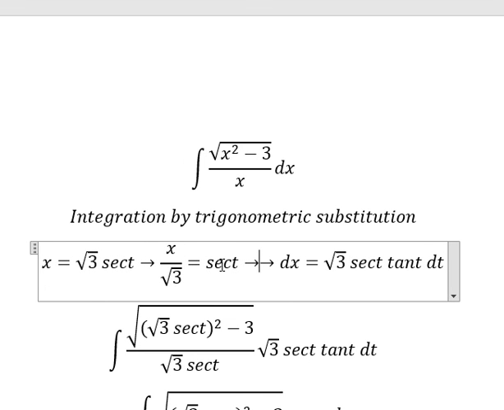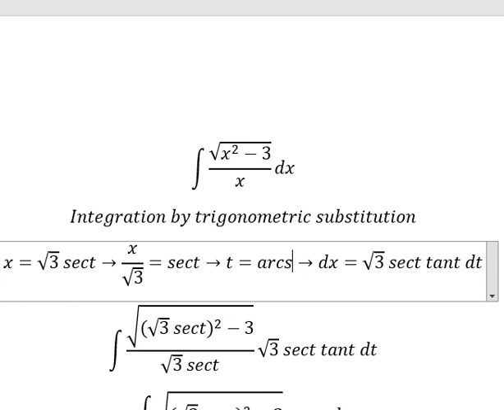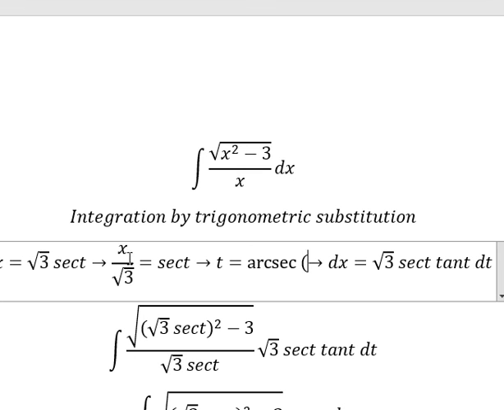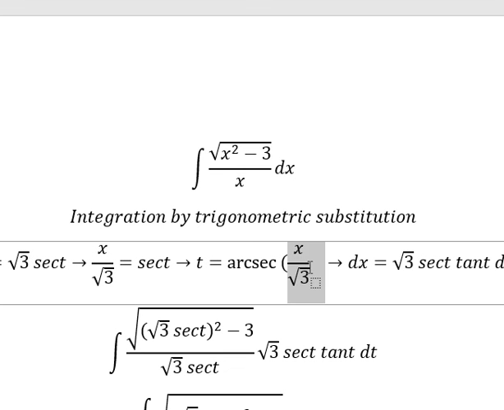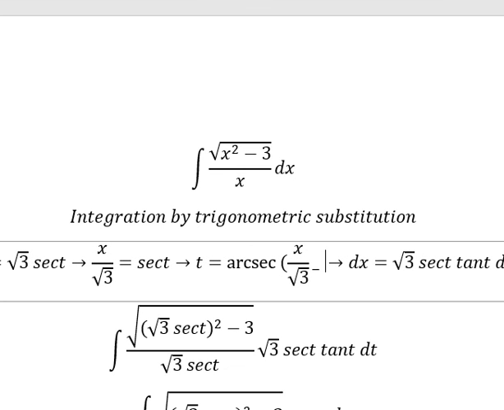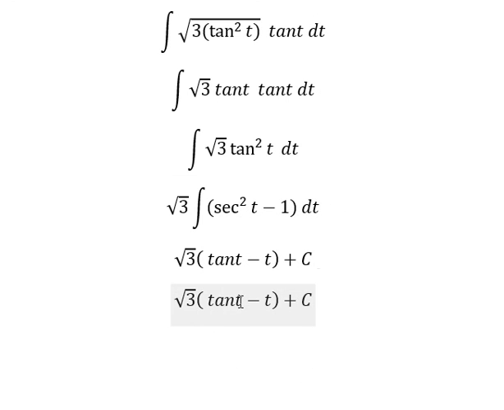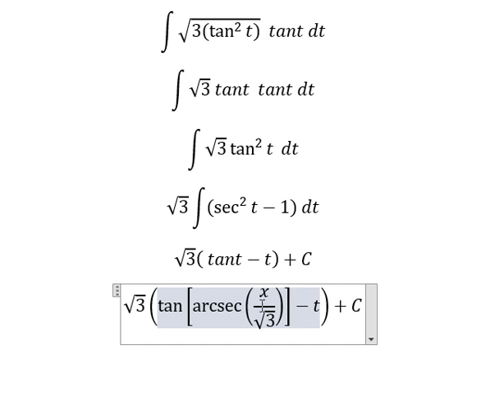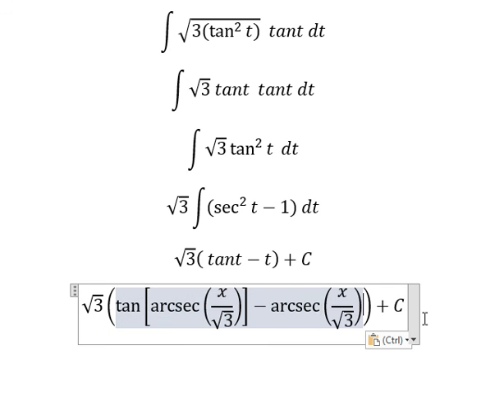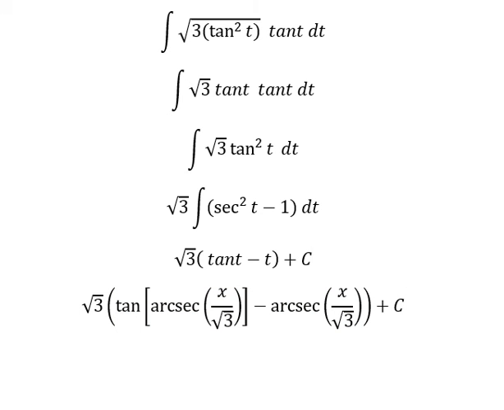So we have t equals arcsecant of this one. And I will put this one to change for t. This is the end. Thank you for watching.